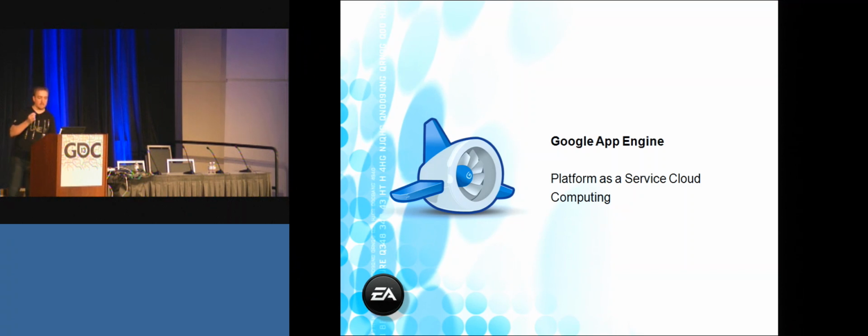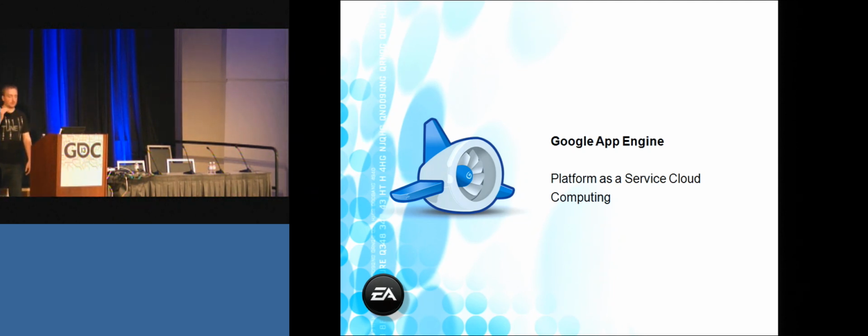It's a platform as a service cloud computing. It means that your application will sit on top of a very high-level platform. It's pretty different from an IaaS, infrastructure as a service platform, where you basically have to manage your OS and your software stack. App Engine, as I said, is a high-level platform.